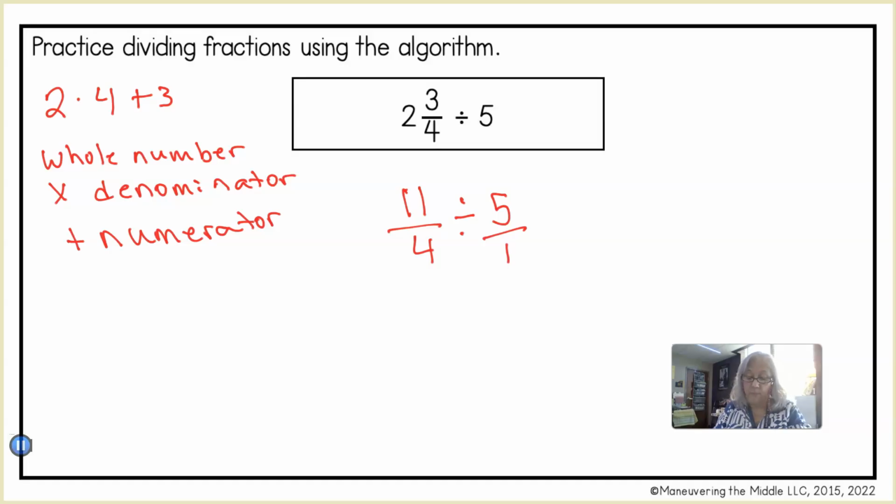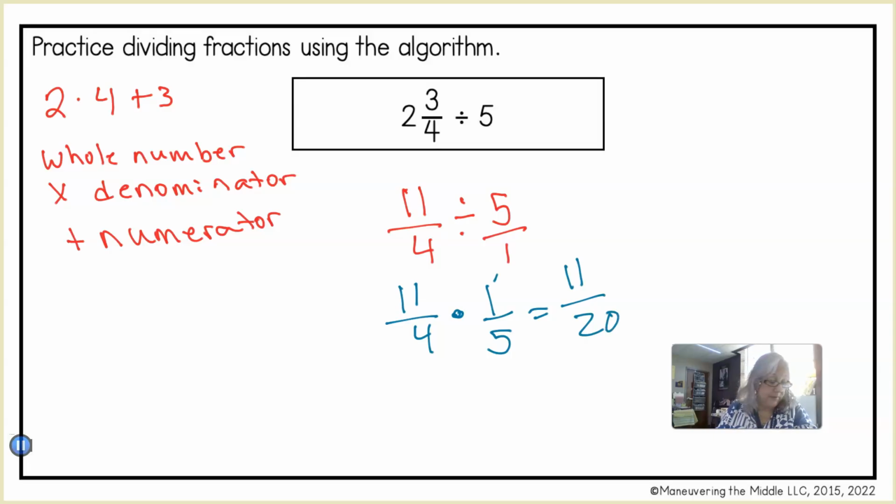It would be 11/4 times, what's the reciprocal of 5 over 1? It's 1/5. Multiply. 11 times 1 is 11. 4 times 5 is 20. Nothing can be cross-simplified. Nothing can be simplified. So this is our answer.